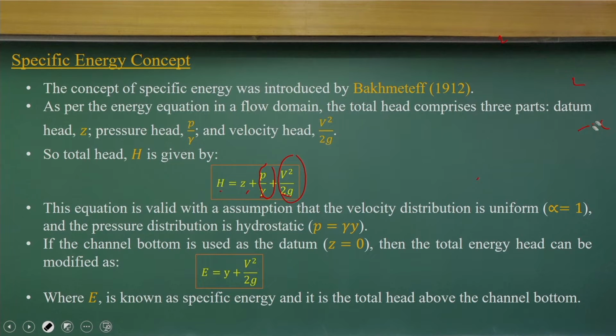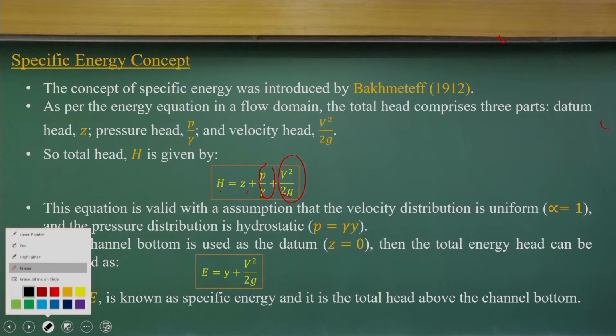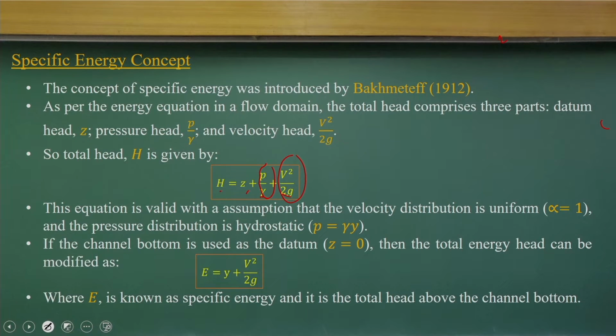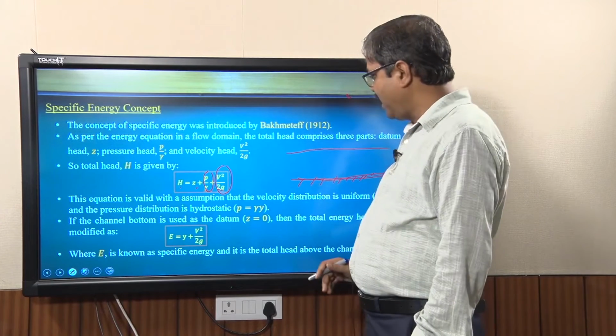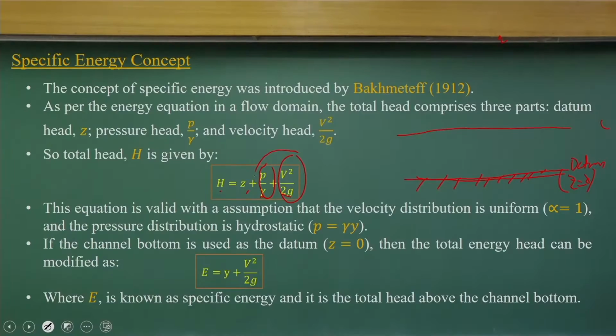The first simple assumption is that I consider the surface as a horizontal surface, and the flow is coming over it. This horizontal surface is my datum, so Z is equal to 0. If I consider the river bed as the datum, then Z becomes 0, so I have only these two components.